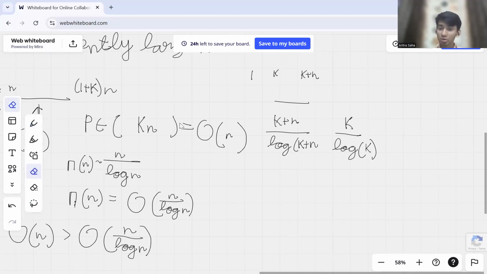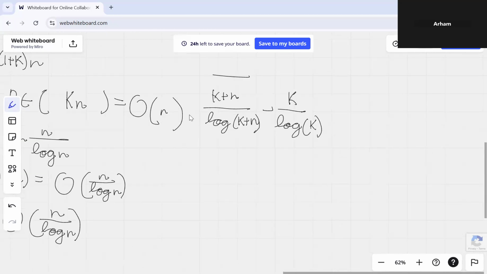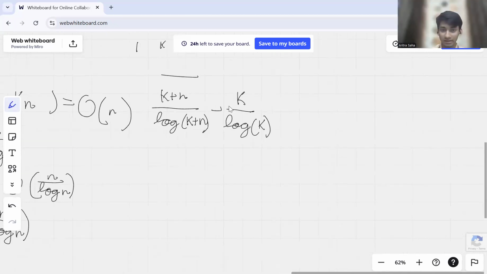See, the log term grows much slower, right? So basically the bottom two things are not much different. So you can basically cancel out n, k and kn, and the growth rate will be kind of the same as n by log n.